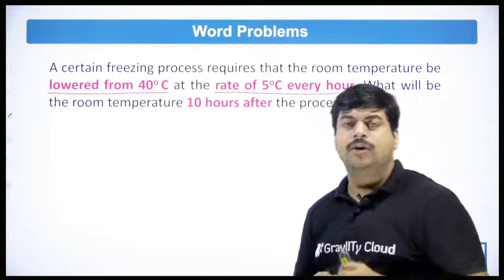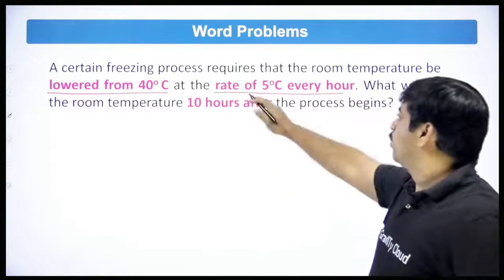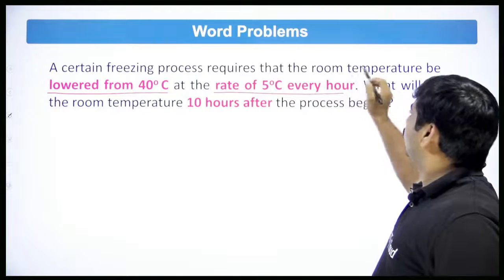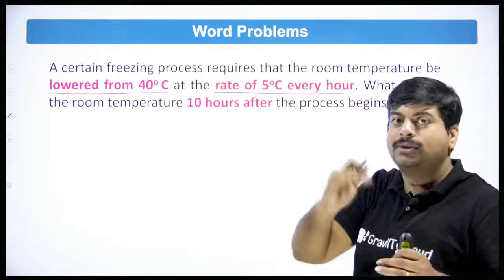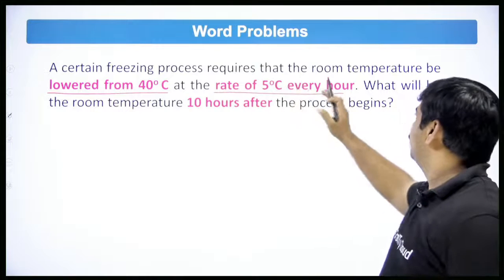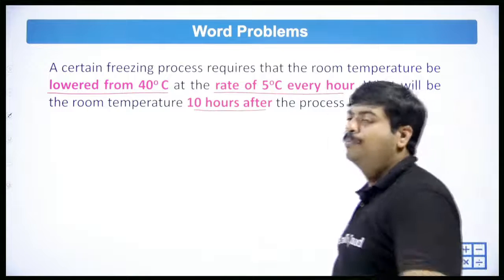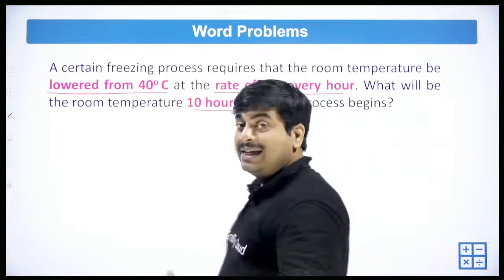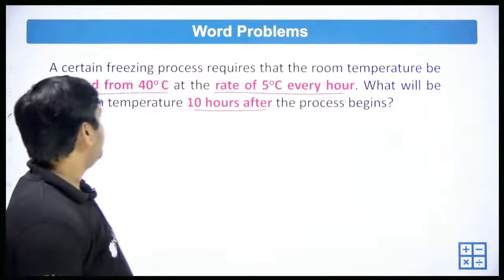The initial temperature is 40 degrees, and from there it is being reduced at the rate of 5 degrees every hour. The room temperature being lowered means reducing. What will be the room temperature 10 hours after the process begins? So, I'll tell you like this.